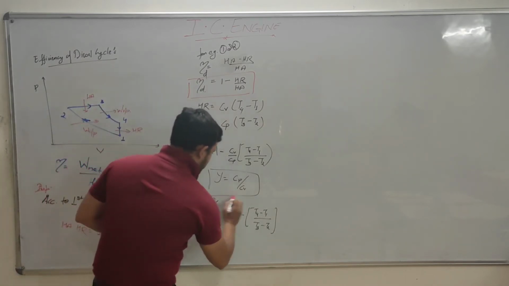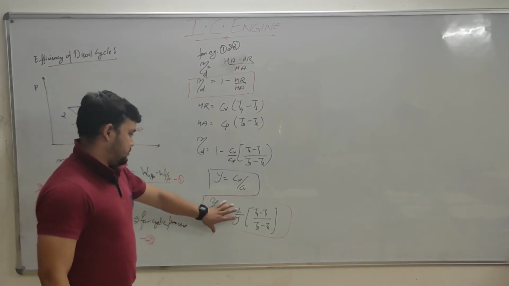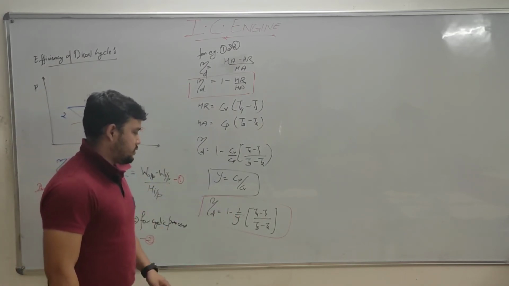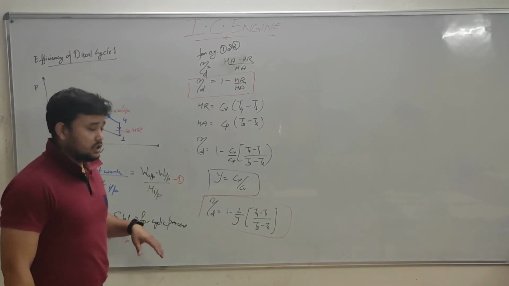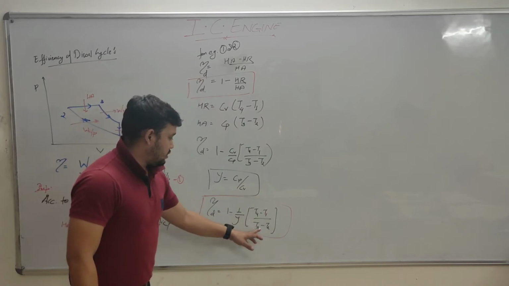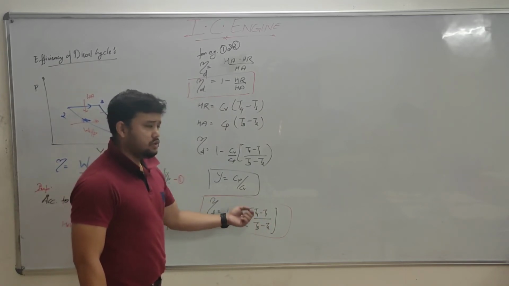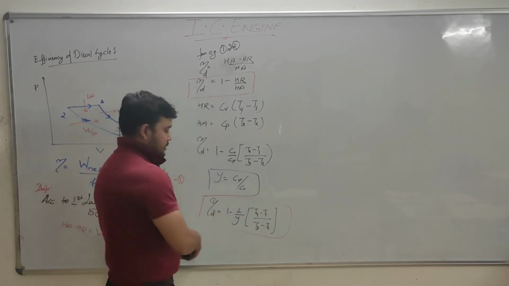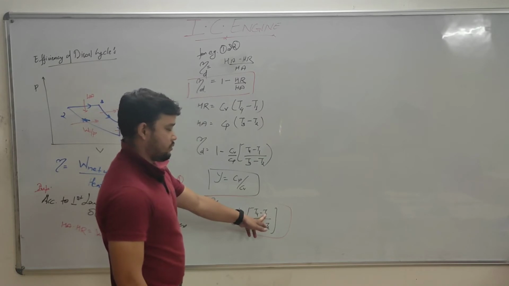Now what do we have to do? The simplest way to solve this equation and get a proper expression for the efficiency of the diesel cycle is to convert three variables into an equivalent of the remaining one.